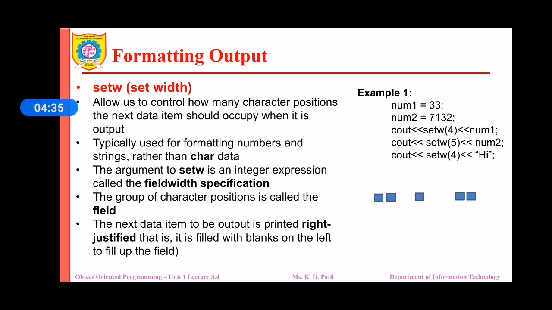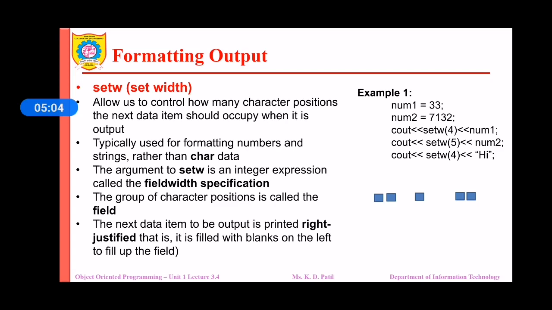In the third cout statement I have the string hi, that is 2 characters, but I have set the width as 4. Then in that case hi will be printed right justified, and the two remaining characters will be blank, and these blanks will be on the left hand side to fill up the field.